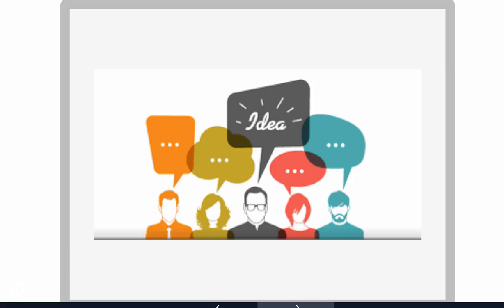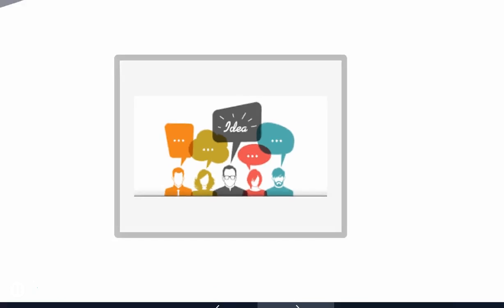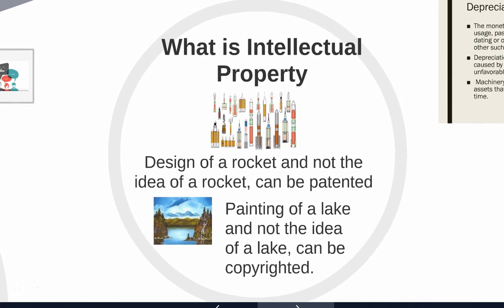Confusing, isn't it? Let me explain with an example. The design of a rocket can be patented, but not the idea of a rocket. Similarly, the painting of a lake can be copyrighted, not the idea of a lake.